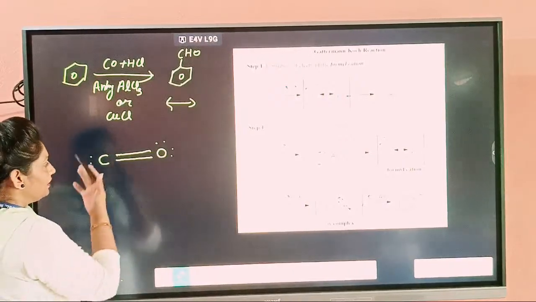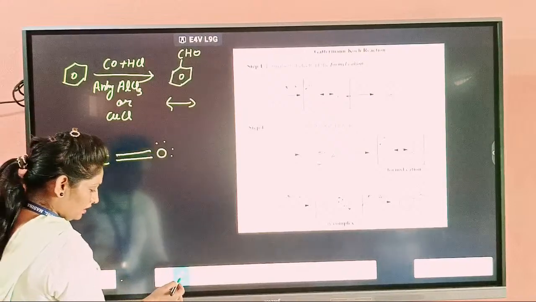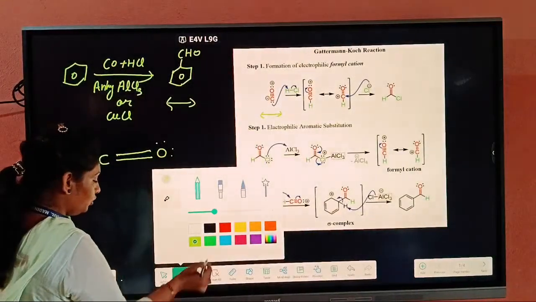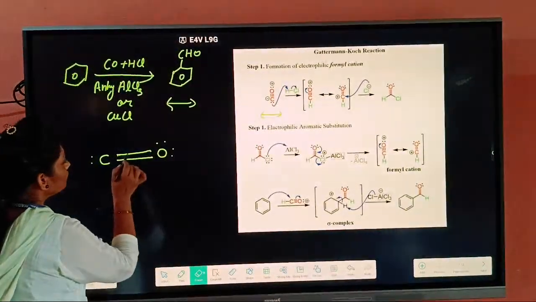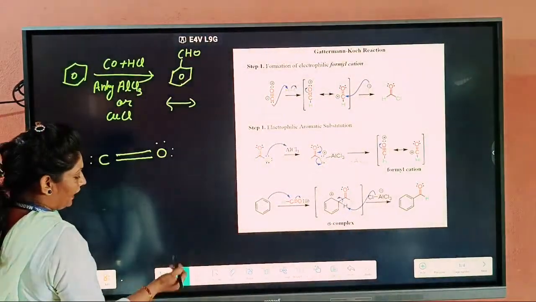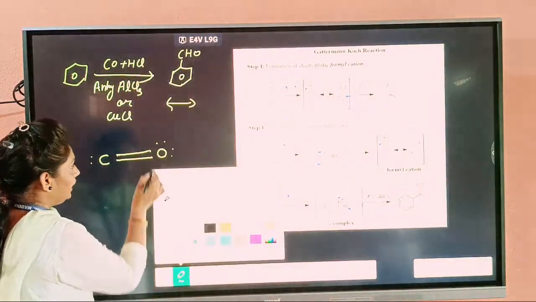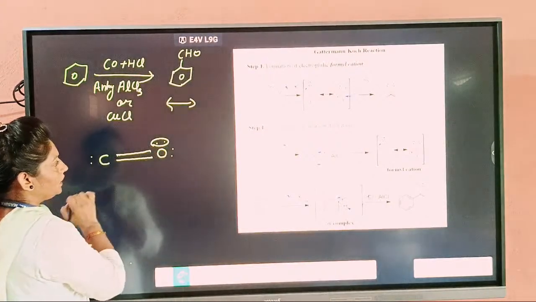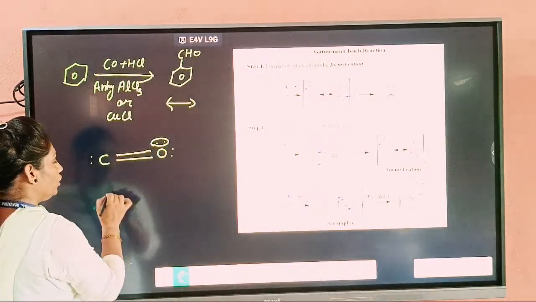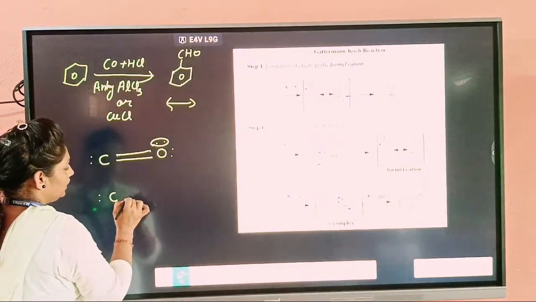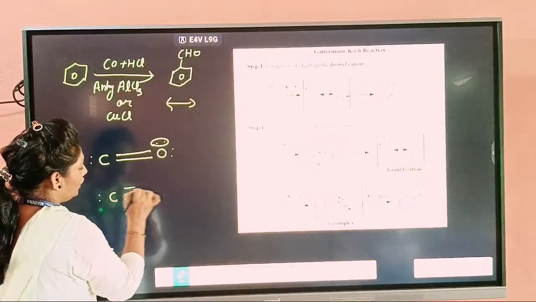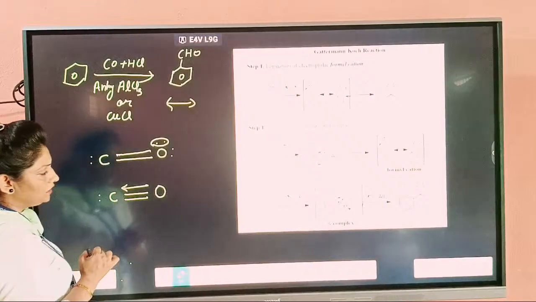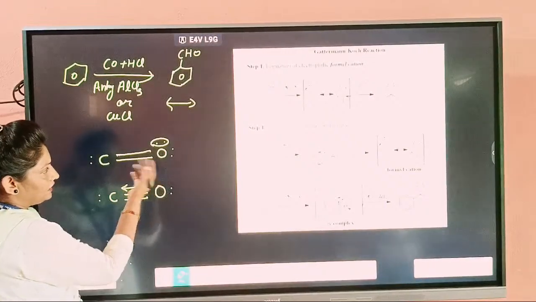So students, we will form 3 bonds here. How can it form the third bond? This electron pair is shared by oxygen. A coordinate bond will form between oxygen and carbon, because here one-sided sharing is taking place.